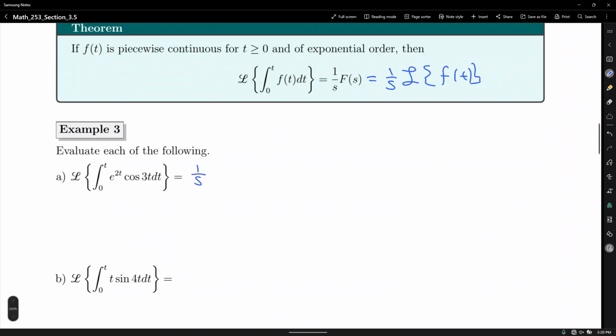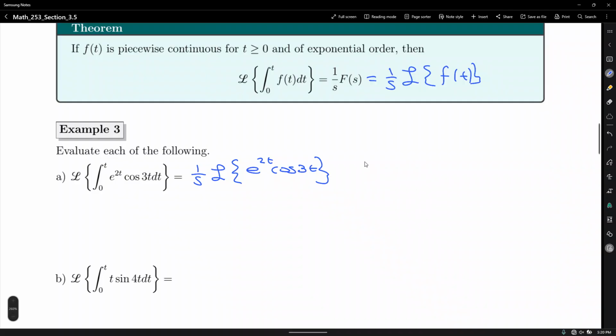So this is what we're going to do. We're going to multiply by 1 over s and find the Laplace transform of this function, e to the 2t cosine 3t. Have a look at that Laplace transform. Does that remind you of anything? That's actually a combination. In this problem, we're combining two theorems: number one, the Laplace transform of an integral in combination with the first translation theorem.